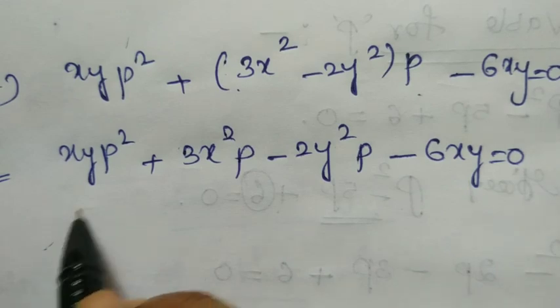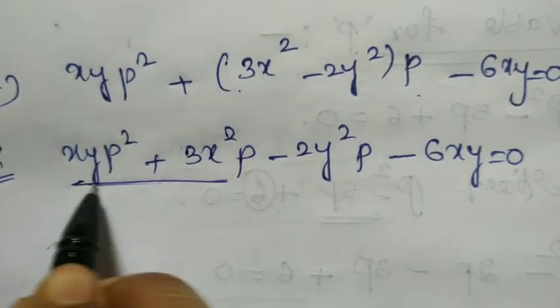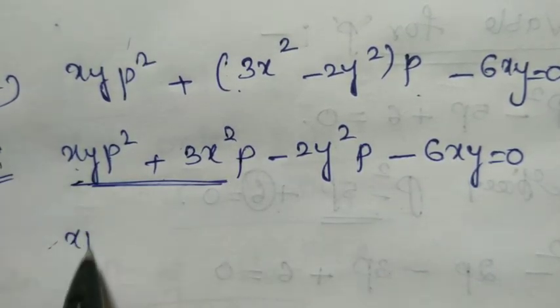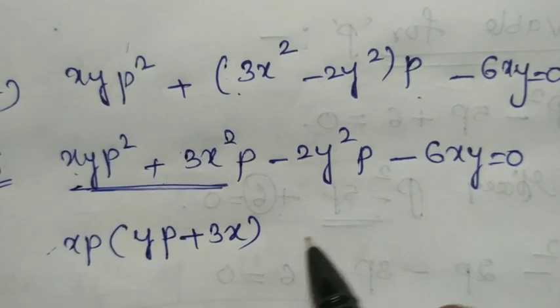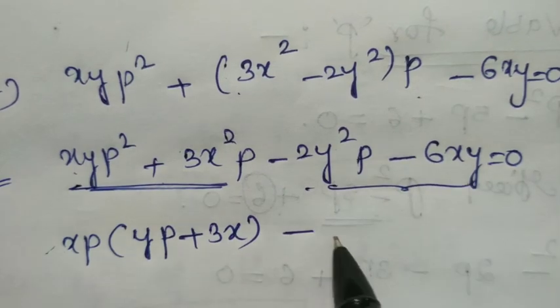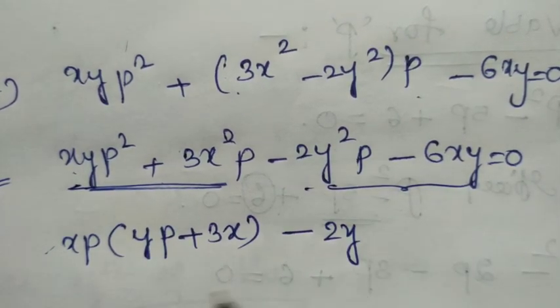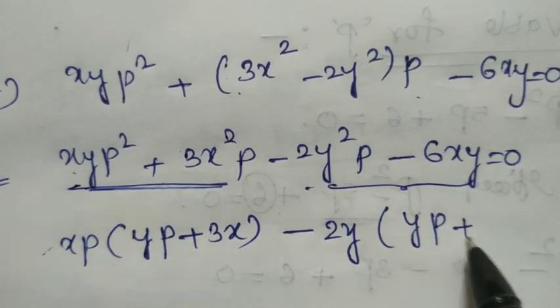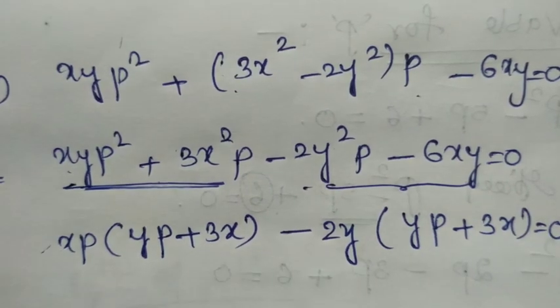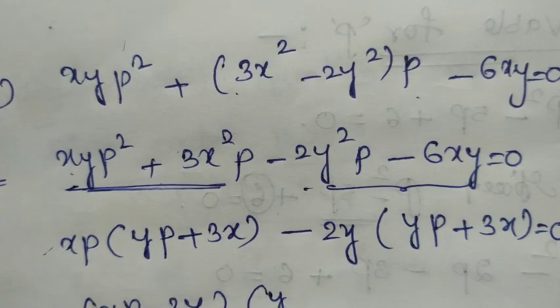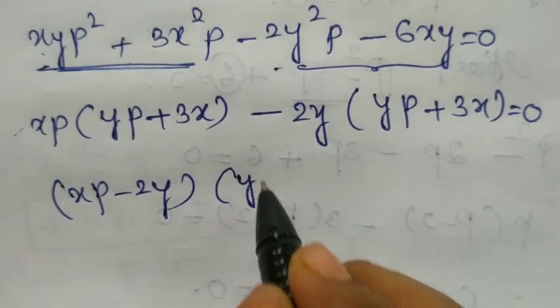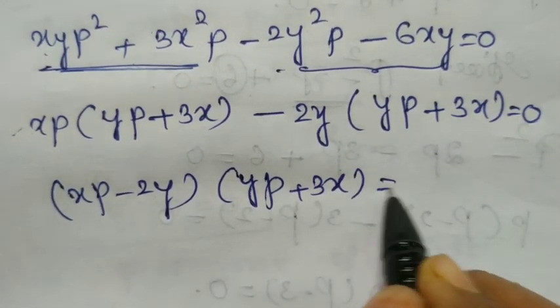In the first two terms xp is common, giving yp plus 3x, and in the other two terms I am taking 2y common, giving yp plus 3x equal to 0. So xp minus 2y into yp plus 3x equal to 0.